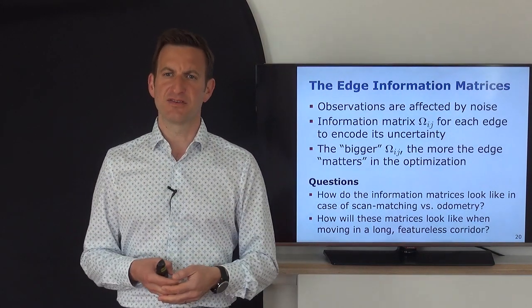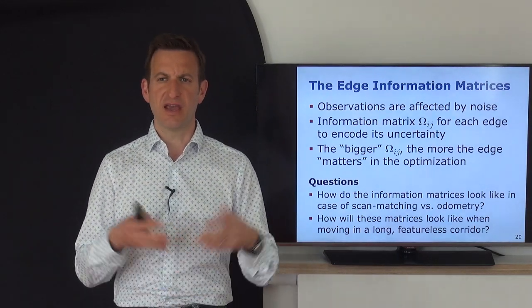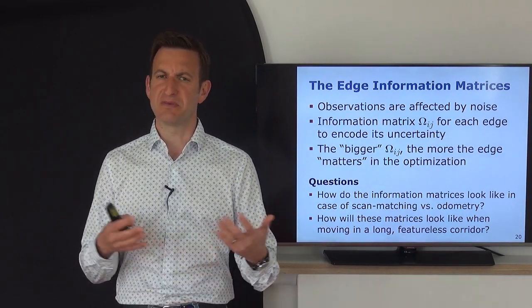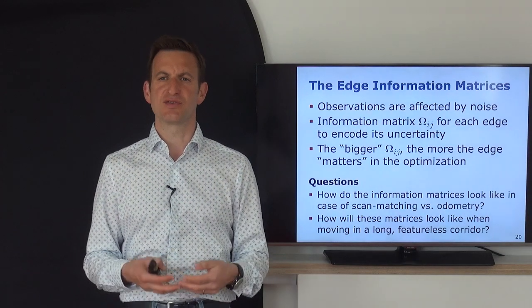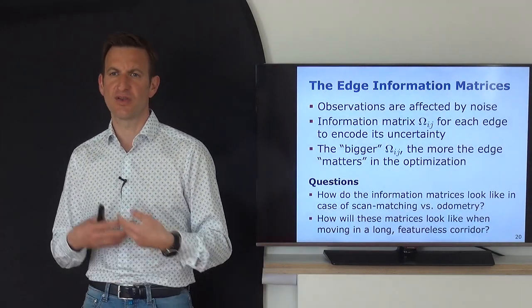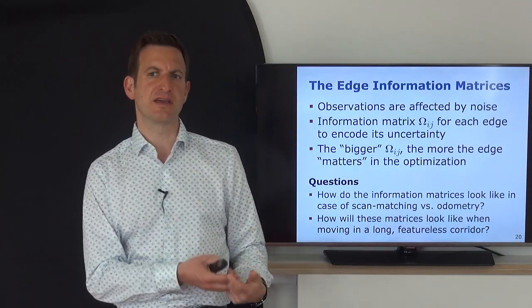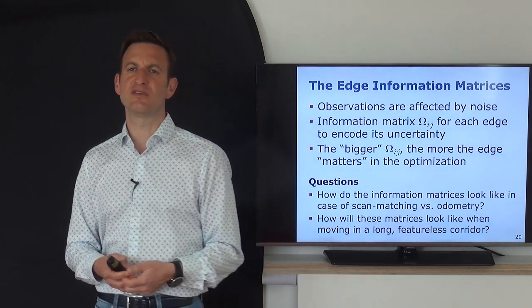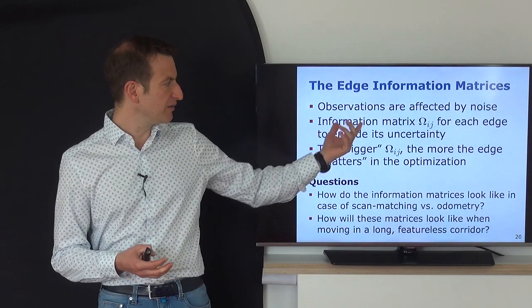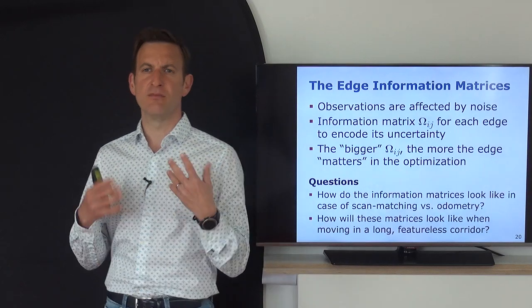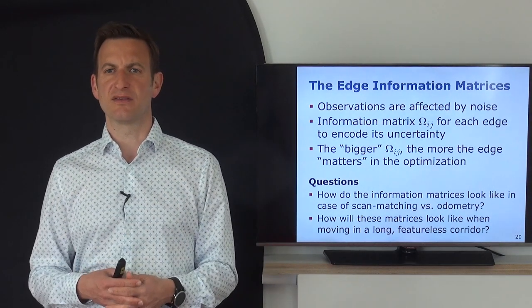We may have a sensor where this is the same for all constraints, but we may have different types of sensors, or different situations in which the sensor is more accurate in a certain setup and less accurate in another setup, and we can actually use this information. The larger the values in this information matrix, the more information we have and the smaller the uncertainty.